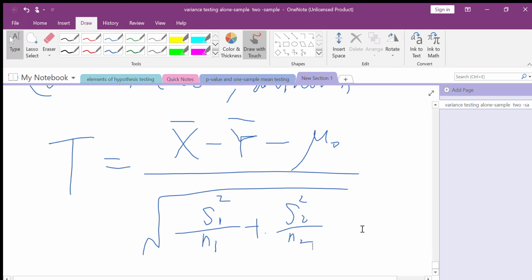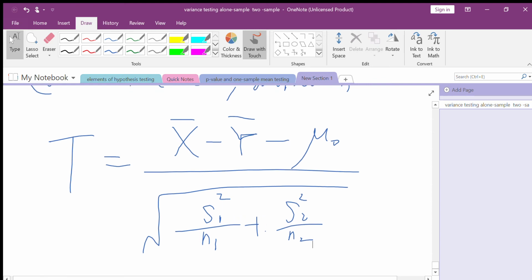Remember this as a fact: it follows a T distribution with degrees of freedom equal to the minimum of n1 and n2, minus 1.